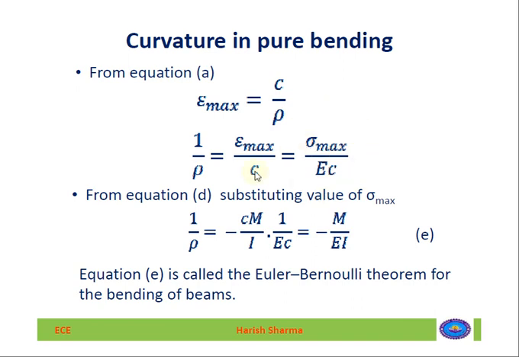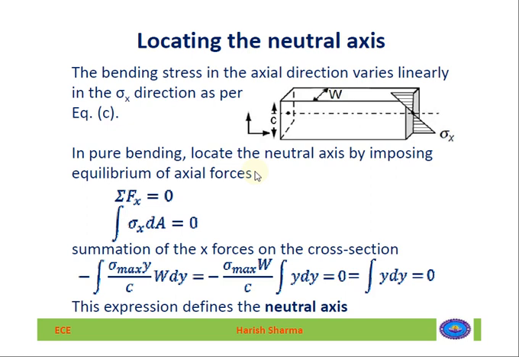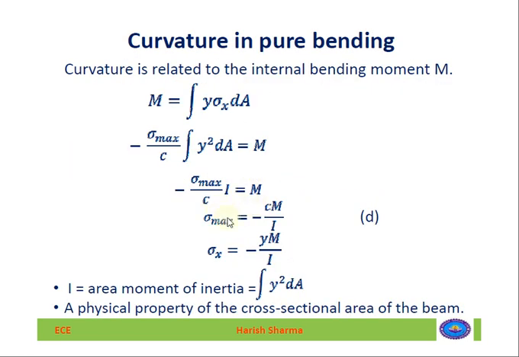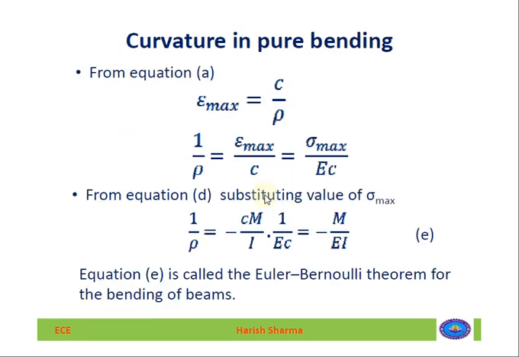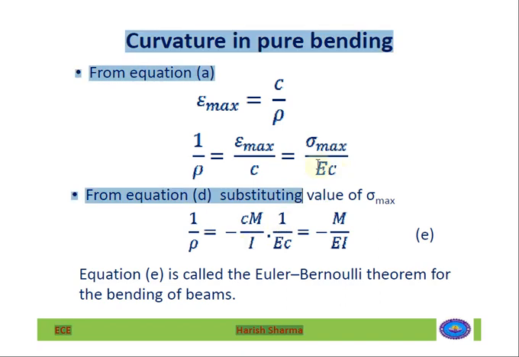From equation D, sigma max equals minus Cm upon I. So we can write 1 upon rho equal to 1 upon E times sigma max, meaning minus Cm upon I, with C cancelling. So we can write M upon E I.